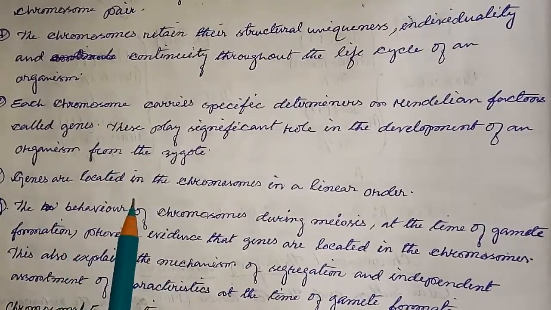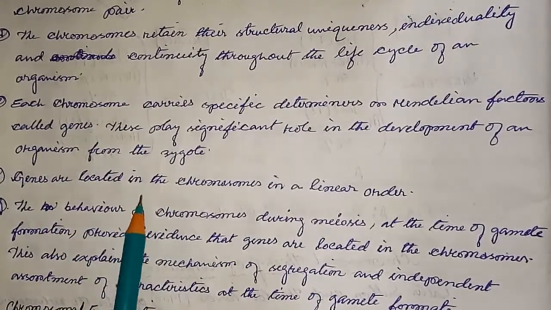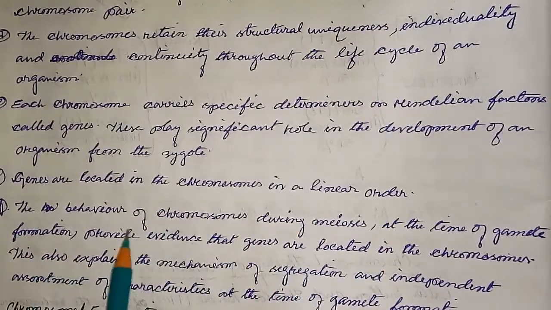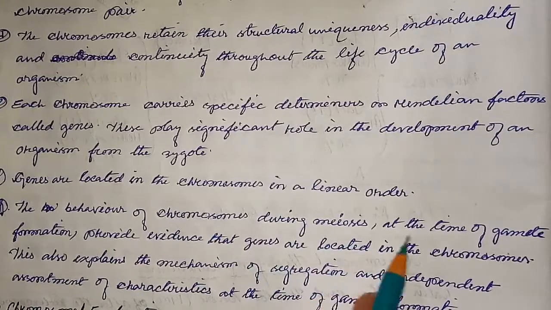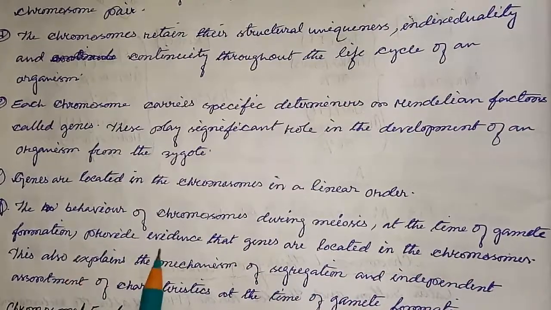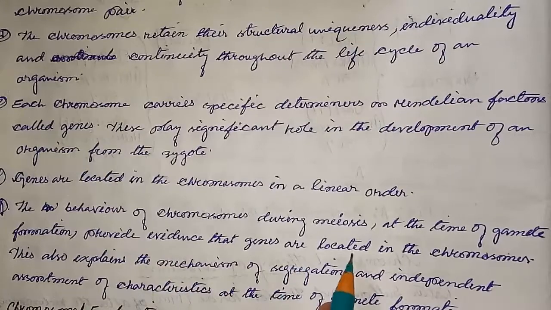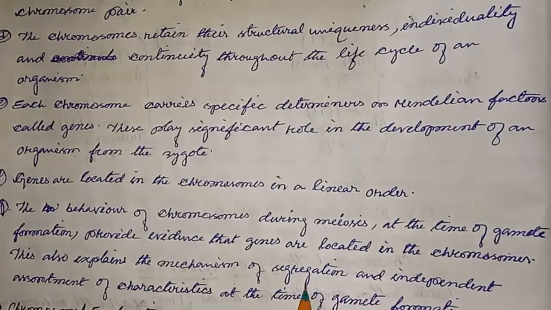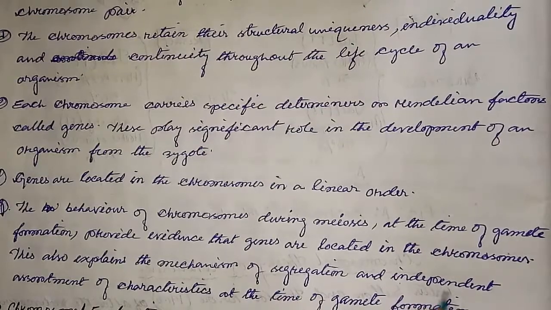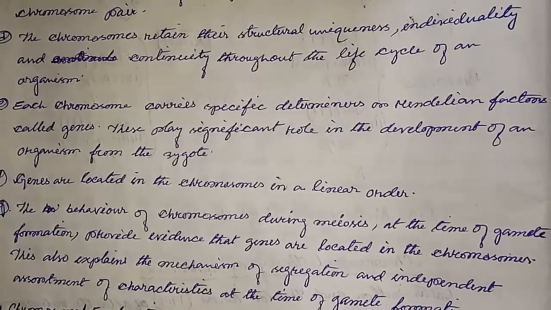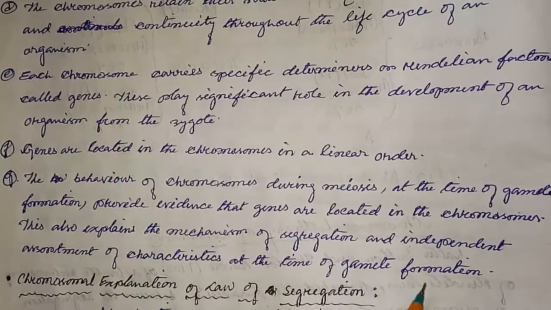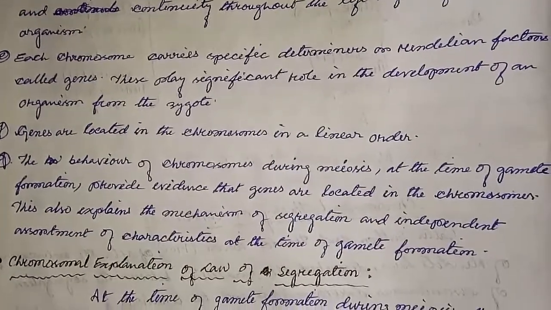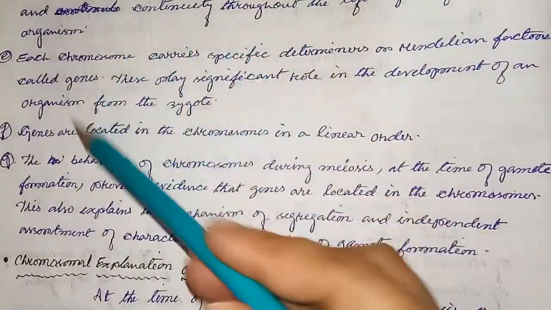Genes are located in the chromosomes in a linear order. Next, the behavior of chromosomes during meiosis at the time of gamete formation provides evidence that genes are located in the chromosomes. This also explains the mechanism of segregation and independent assortment of characteristics at the time of gamete formation. So now these are the features of the chromosomal theory.